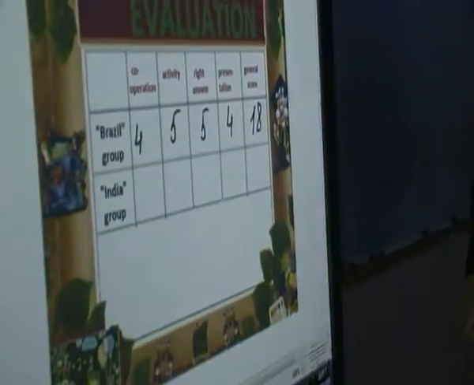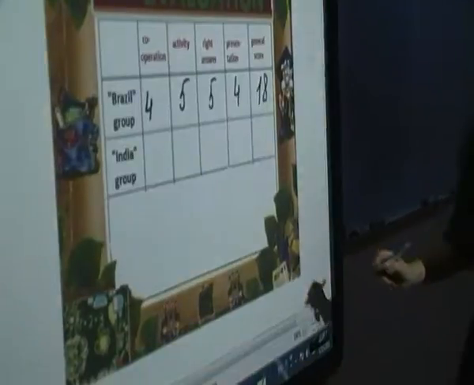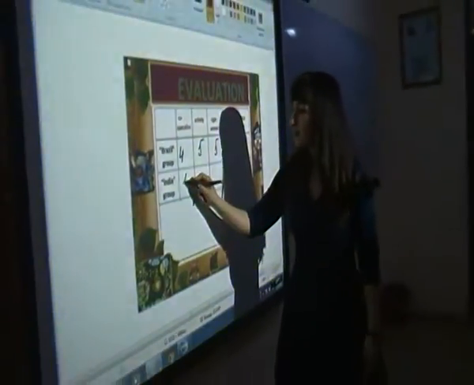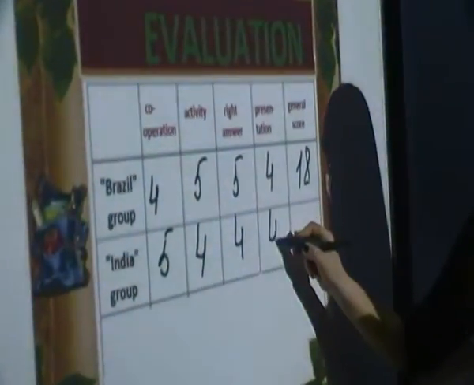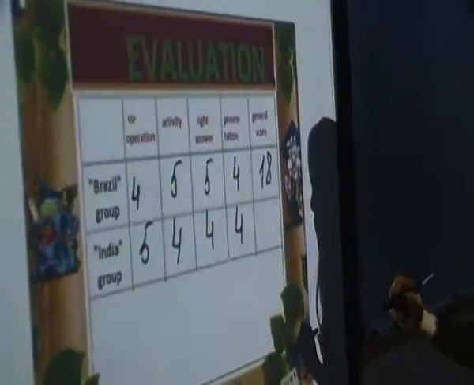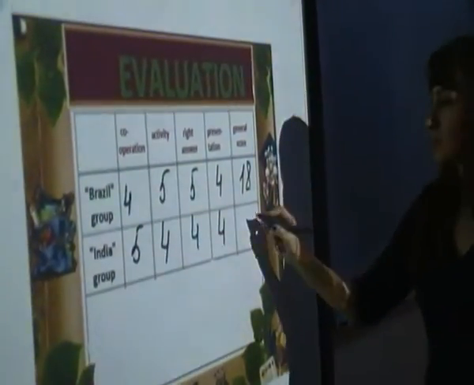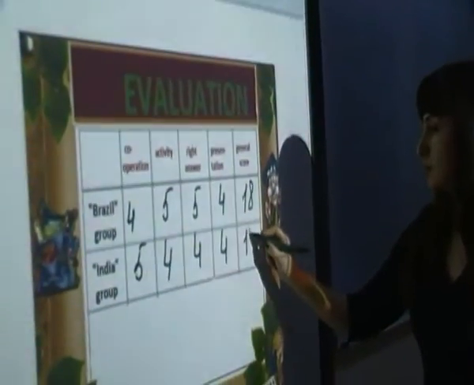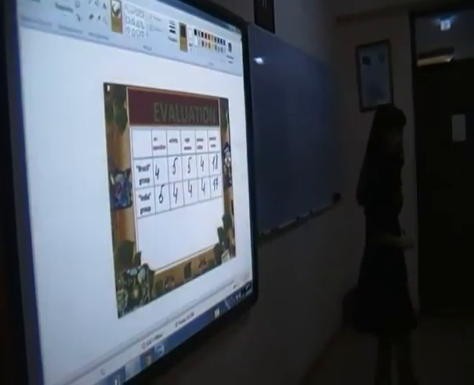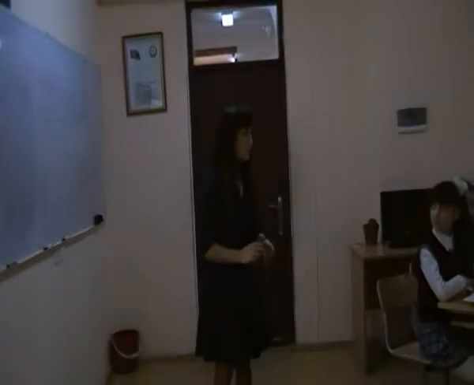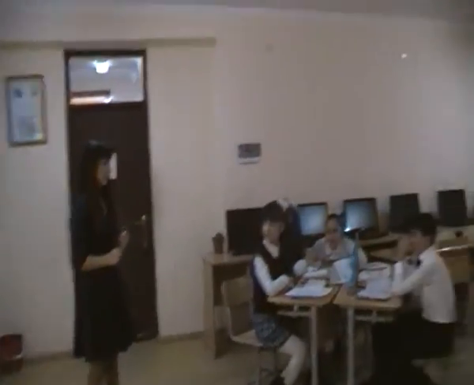Now, the other group. Cooperation 5, activity 4, right answers 4, presentation 4, and you get a score of 17. That's all. Now, the winner of this lesson is the group Brazilian.